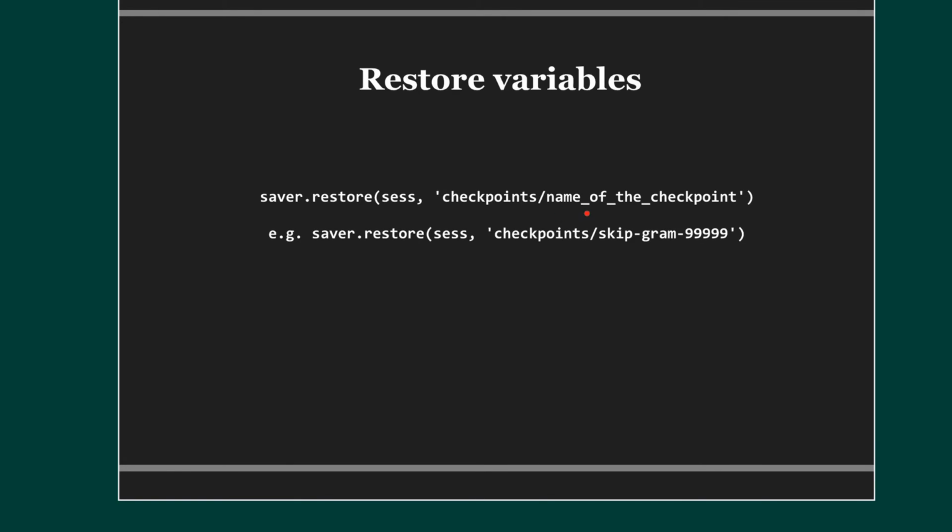The model name was skipgram, and we had provided a global step equal to 99999. So the actual variable file that got saved in the checkpoints directory was this. We just provide the full name here, and it's going to restore the variables within this file into this session.